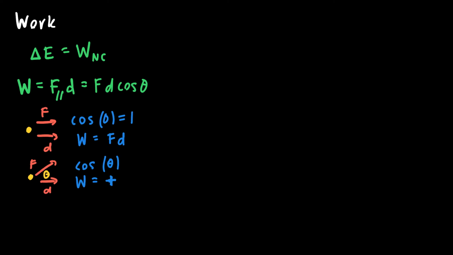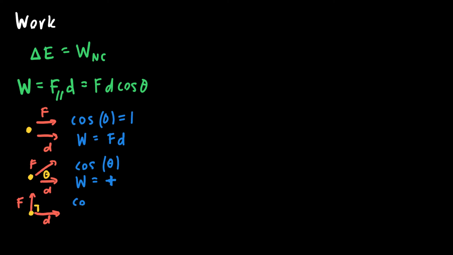And then if we keep going, we could have an object where maybe the force is pointed straight up and the displacement is still to the right. Something like this might be like the normal force. So a box is sliding along the ground, but the normal force, which points up, is perpendicular to the displacement.